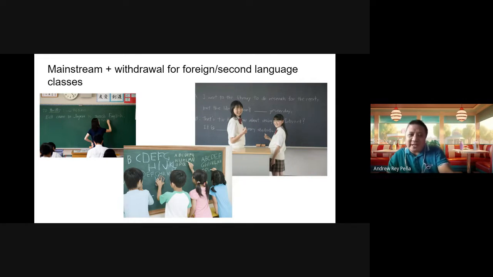So a good example are the Japanese. They're taught in Japan using Japanese in all their subjects, but they have a special subject in English. That's just it. Okay, because they're supposed to be able to participate in international discourse.